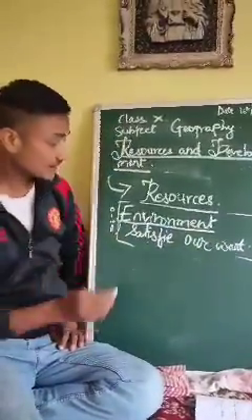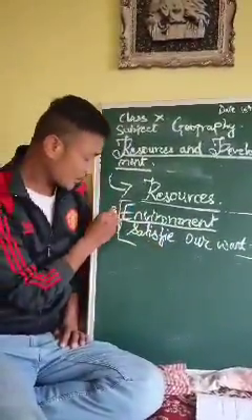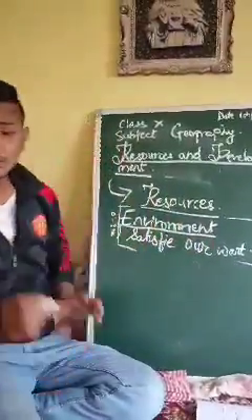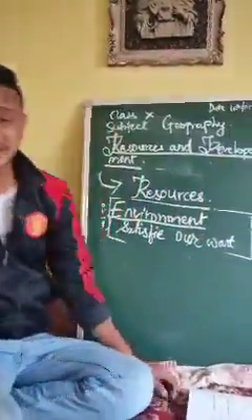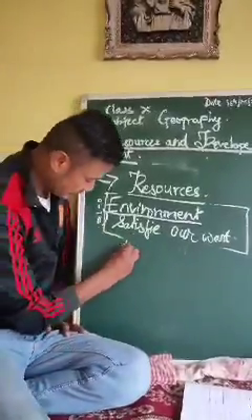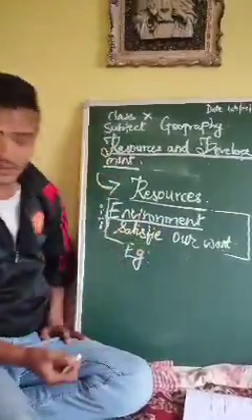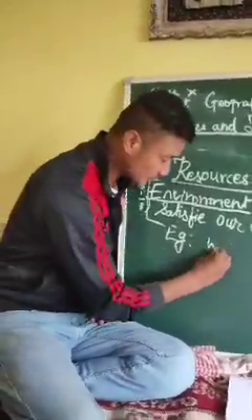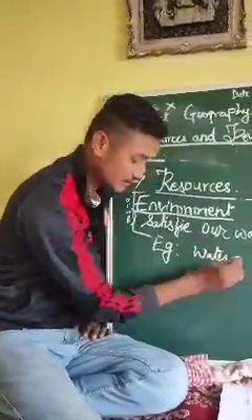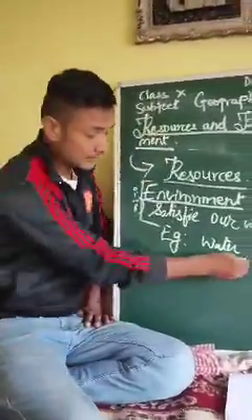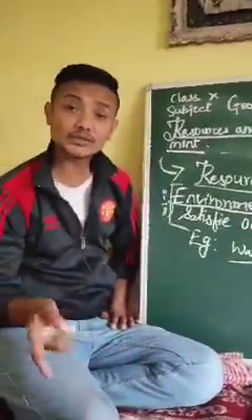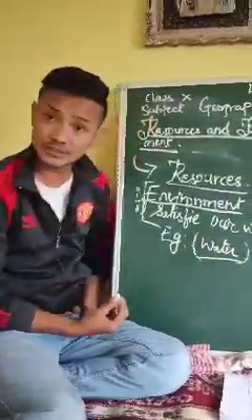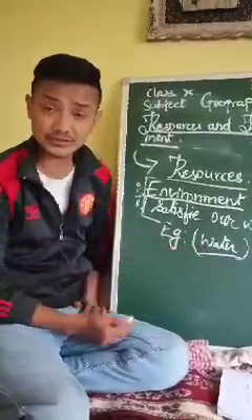Understood? Resources are found in our environment and resources satisfy our wants. Let me give you some examples. One of the natural resources which can satisfy our wants is water. If you are thirsty, water has the capability to quench your thirst, so it is one of the resources, and it is a natural resource.